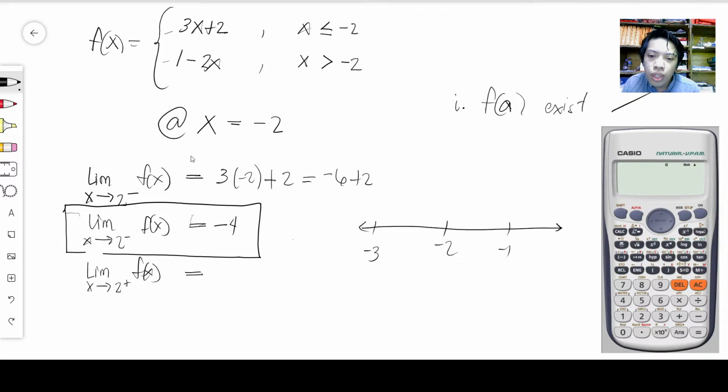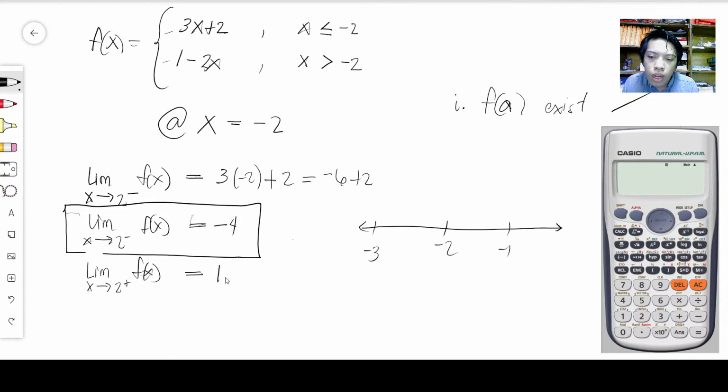So for this type of function, since we are approaching negative 2 from the right, the numbers are higher than negative 2. You will use this function because according to the boundary condition, x is greater than negative 2. So this is the function we will use.